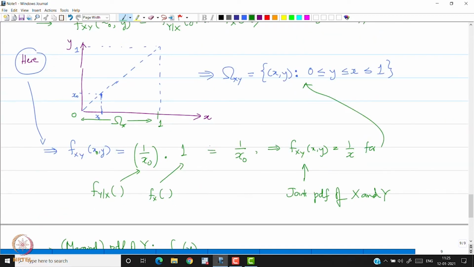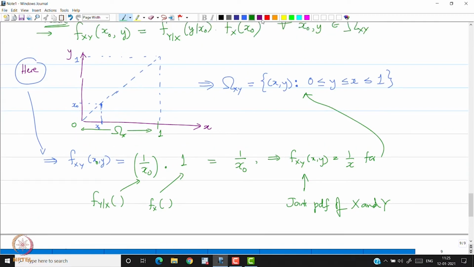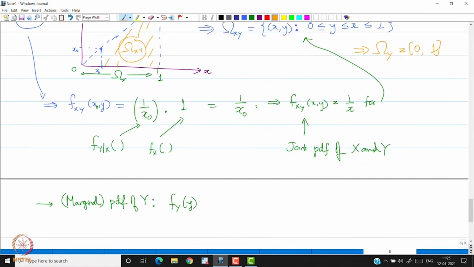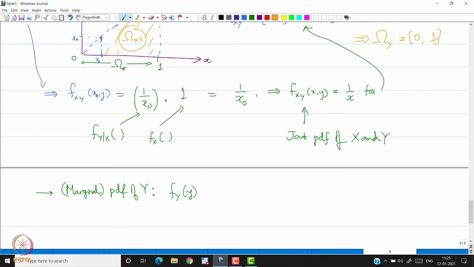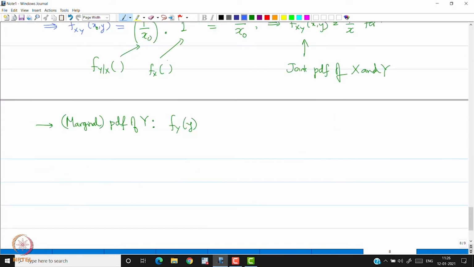From omega xy, that triangular portion, we can clearly see that y is also limited to the range 0 to 1, just like x, and therefore f y of y is going to be equal to this integral.